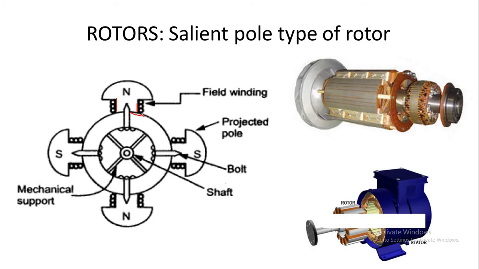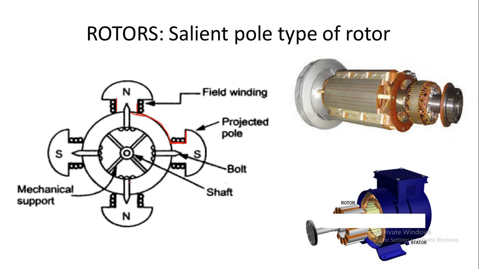So this is the surface of the rotor, and all the poles are projected outside from it, so we call it the projected pole type of rotor.